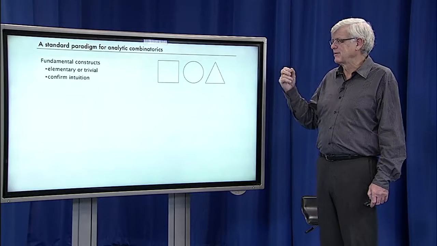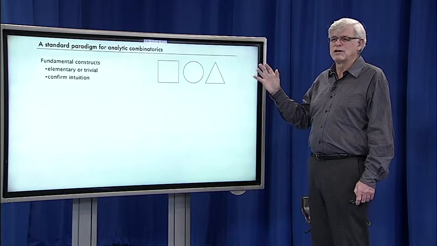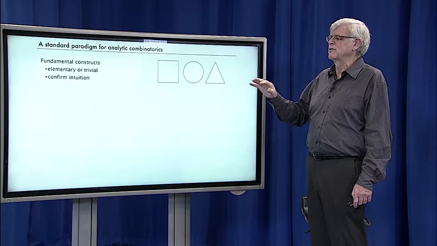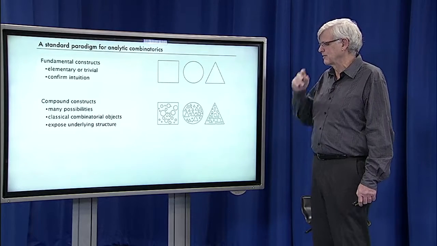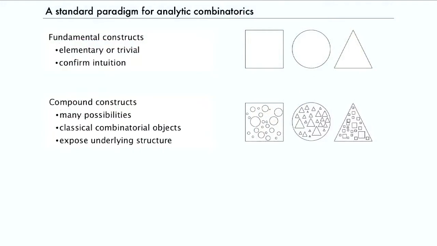They're either elementary or trivial or they confirm our intuition, and we understand them, but we try to understand them from the standpoint of analytic combinatorics. But then we can have compound constructs where we have a set of cycles or a sequence of sets and so forth. And again, those are only the constructions that I've presented.